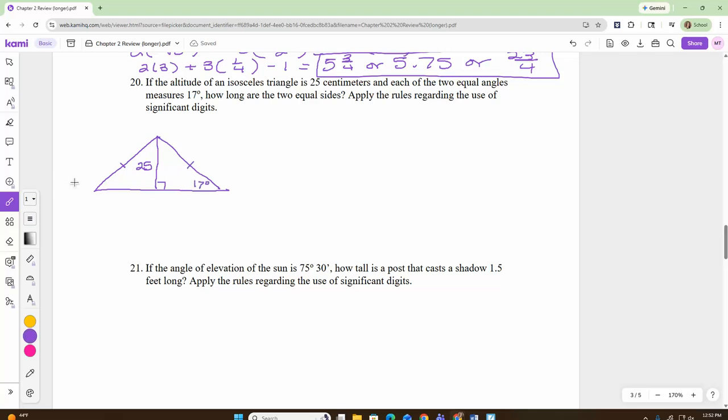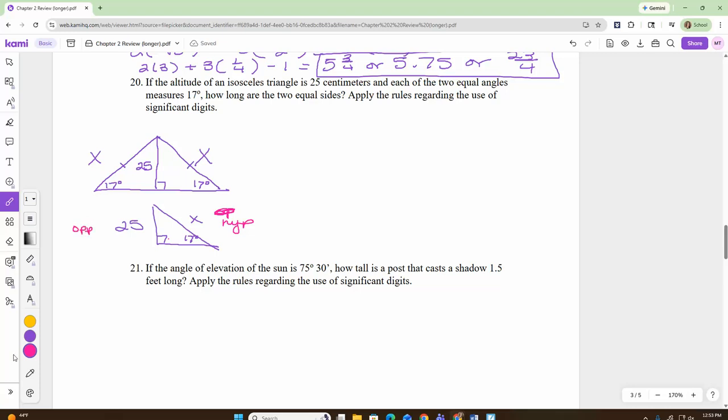So these are both 17 degrees. I want to know how long the two equal sides are. All we really need is half of this. I know an angle, this is 90 degrees, this is 25, and this is x. X is across from my right angle, so that's my hypotenuse. 25 is across from the 17, so that is opposite.